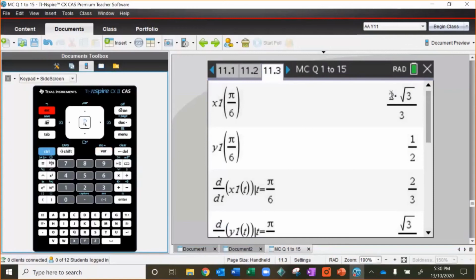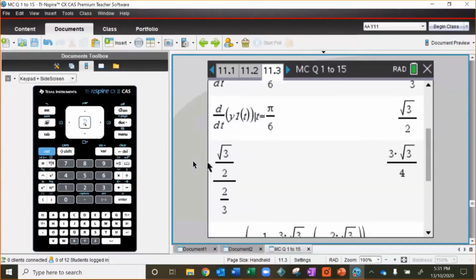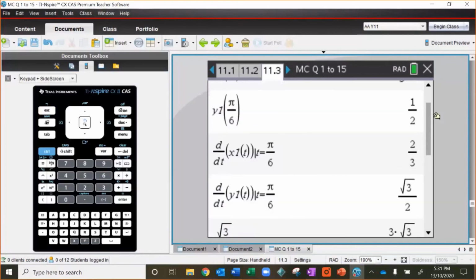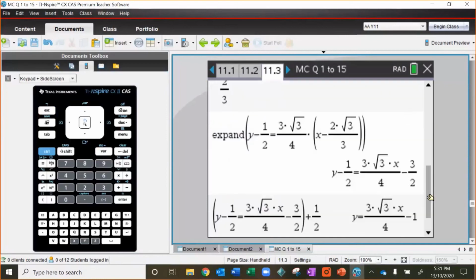So we find the point 2 root 3 on 3, 0.5, and similarly we can find the derivative dx dt at this point and dy dt at this point, and using related rates, if we find the ratio dy dt over dx dt, we get dy dx. So our gradient is dy dx, and our point is 2 root 3 on 3, 0.5.